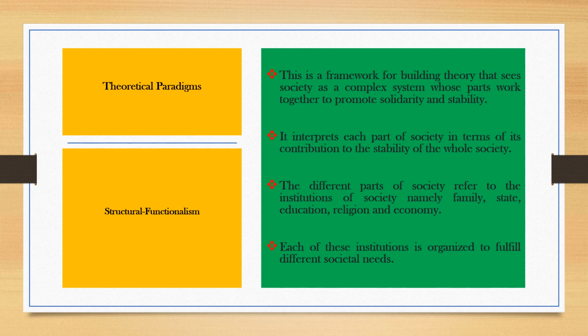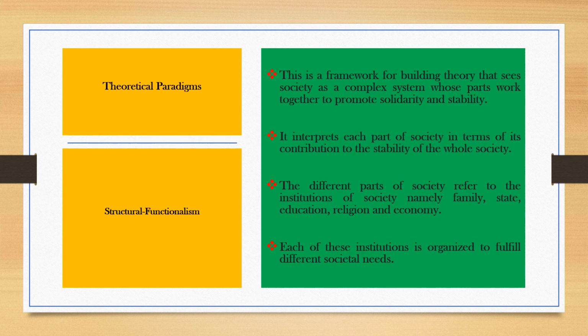So that when you talk about structural functionalism as a paradigm, it is simply inviting us to understand a society in the analogy of an organism which has its parts. For instance, the human body has its parts or systems: respiratory, digestive, excretion system, circulatory system, among others.